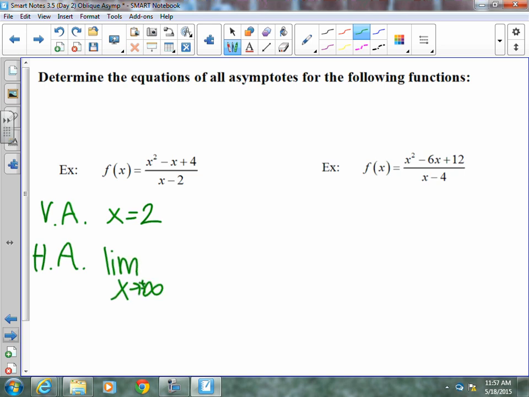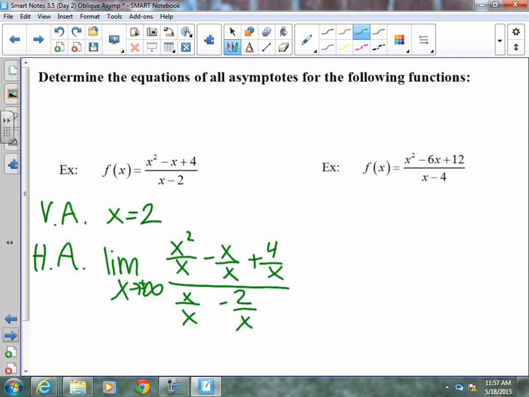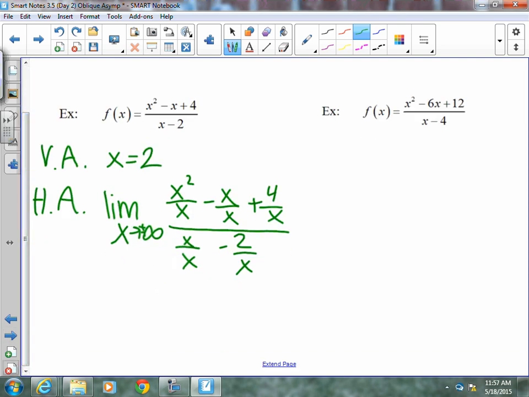At positive and negative infinity, I'm going to divide by x, because we divide by the highest power of x in the denominator. We end up with, when we plug in infinity or negative infinity, well, let's reduce first. So let's keep our limit.